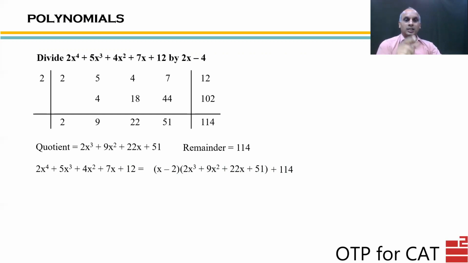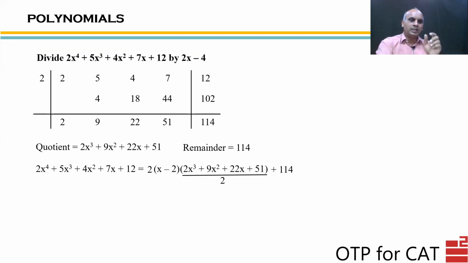Now this x minus 2 is not my correct divisor as per this given question. To make it correct, I'll multiply the x minus 2 by 2, but that will make the equation unbalanced. To keep it balanced, I will divide the quotient part by 2, so that 2 and 2 cancel, and I get back the original equation.